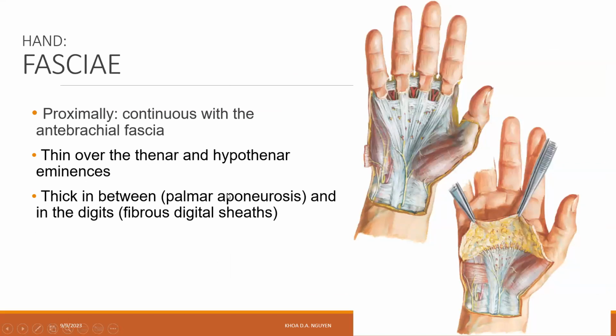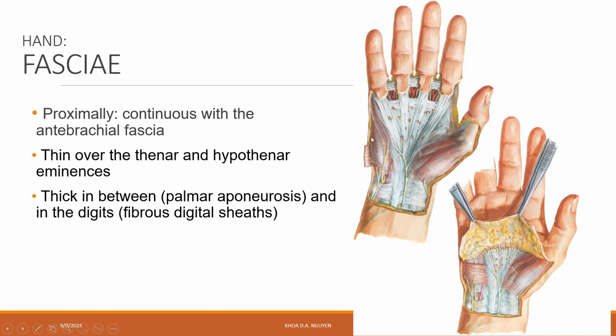All right, let's talk a little bit about the fascia of the hand. Now, proximally, the fascia of the hand is actually continuous with the antebrachial fascia. It is quite thin, as you can see here, over the thenar and the hypothenar eminences right here and right here. Now, the thenar eminence is the eminence that contains most of the muscles of the thumb, the intrinsic muscles of the thumb, I should say.